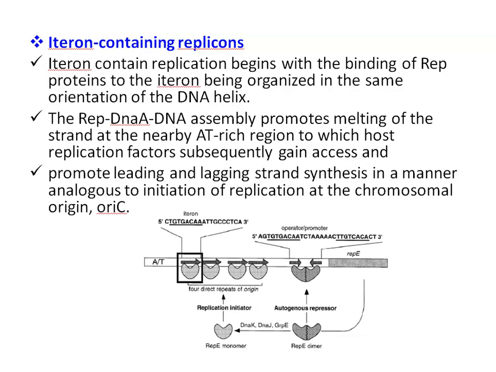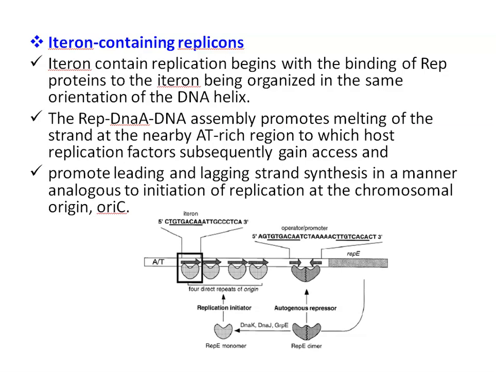Next mechanism is iteron-containing replicon. This replicon consists of a gene that encodes rep protein for plasmid replication initiation. A set of direct repeat sequences is called iterons. Adjacent are an AT-rich region and DnaA boxes, DnaA being a protein required for bacterial chromosome replication initiation.